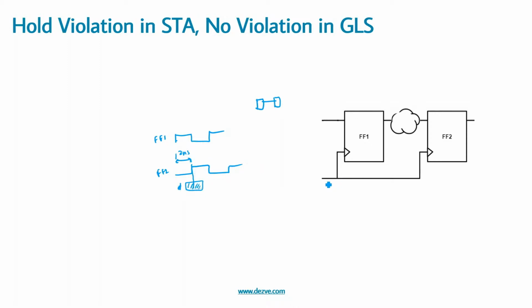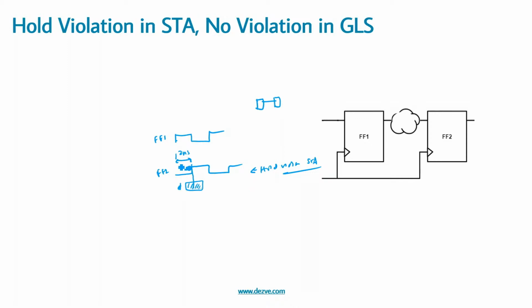But since we are considering the same clock edge, and that means the hold check, in that case the change of FF1 would be available within this boundary, correct? So again, whatever be the delay value of the skew, the same clock cycle check would result in this case in a hold violation in STA.